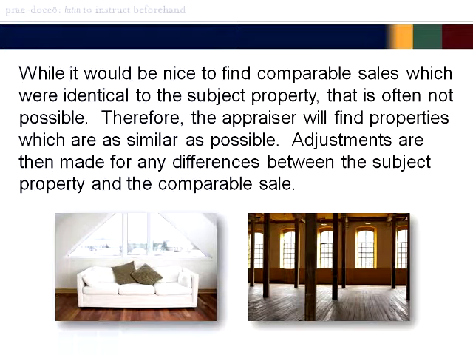While it would be nice to find comparable sales which were identical to the subject property, that is often not possible. Therefore, the appraiser will find properties which are as similar as possible. Adjustments are then made for any differences between the subject property and the comparable sale.